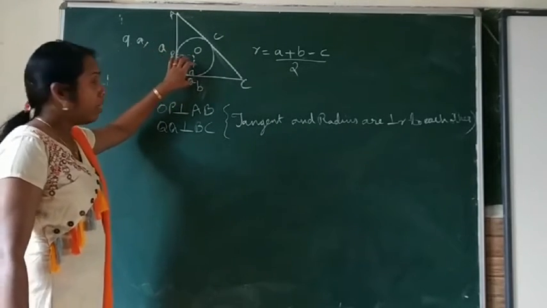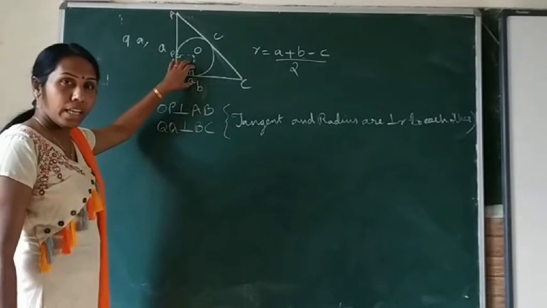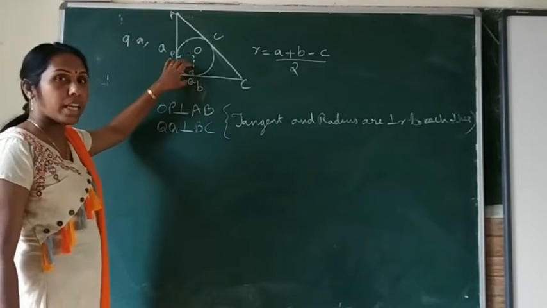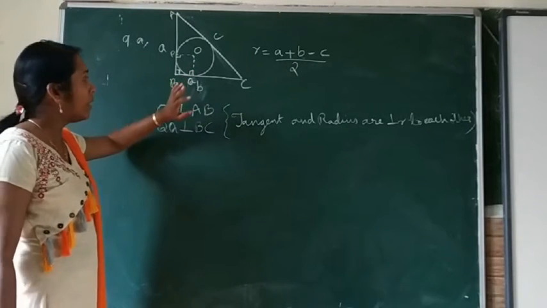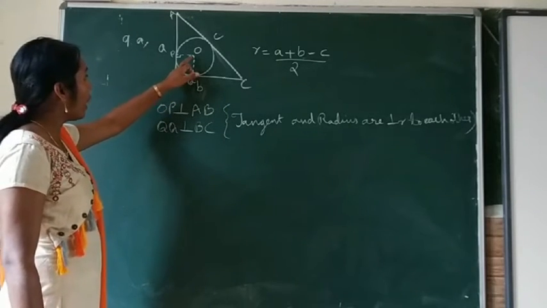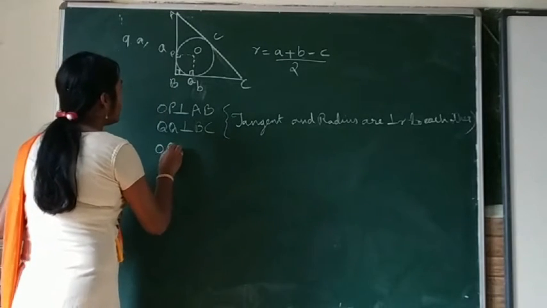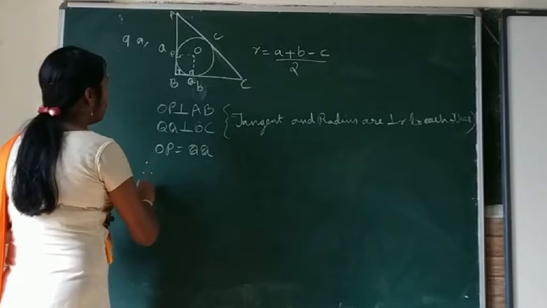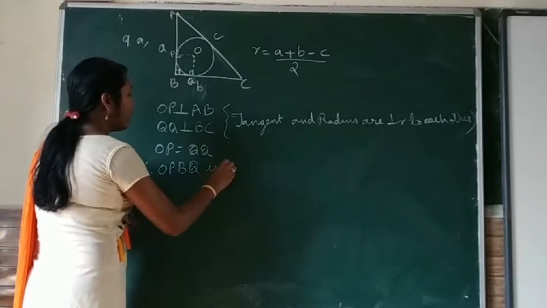Three angles are 90 degrees each means it is a rectangle, and the adjacent sides are equal. That means it is a square. Therefore, quadrilateral OPBQ is a square.